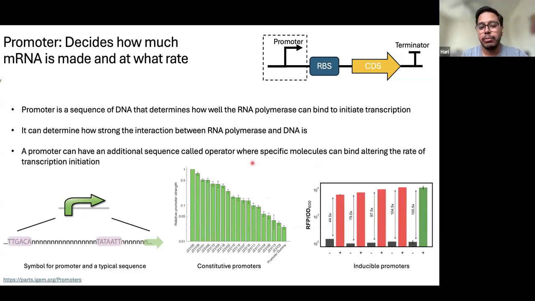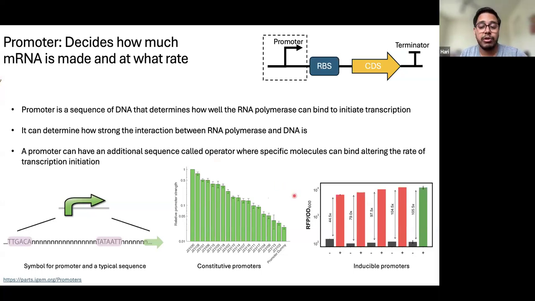One interesting property of the promoter is that it can have a certain sequence called the operator, where molecules called repressors, which are usually proteins, can bind and inhibit transcription from that sequence. The probability of making mRNA using the RNA polymerase will decrease significantly when we have an operator region where a repressor can bind.